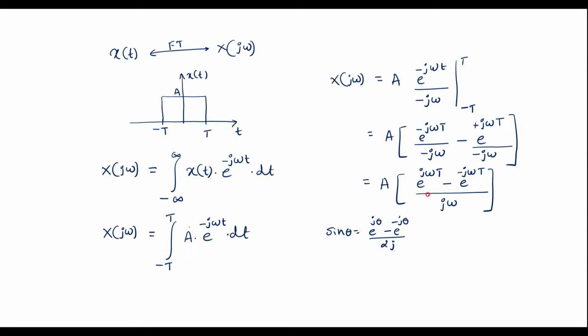So I will try to express this expression in terms of sin theta, so that I can represent it as x of j omega is equal to A. Comparing this expression with this, theta is nothing but omega T, that is e power j omega T minus e power minus j omega T divided by, here we have 2j, let me write it as 2j.